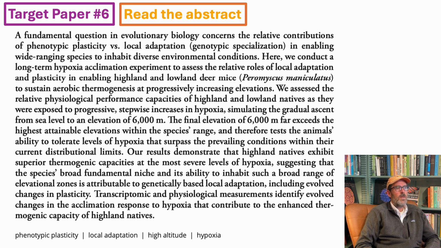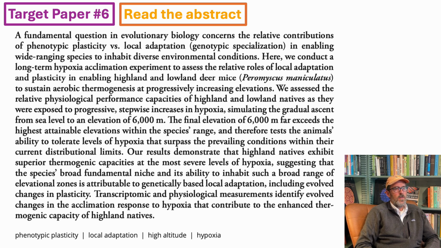We assess the relative physiological performance capacities of high and lowland natives as they were exposed to progressive stepwise increases in hypoxia, simulating the gradual ascent from sea level to an elevation of 6,000 meters.